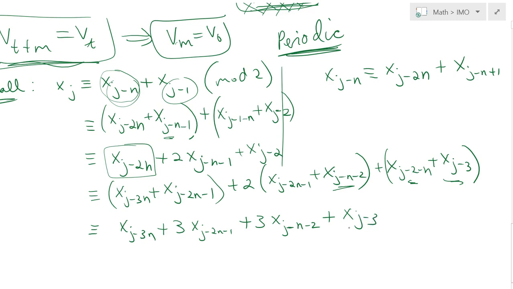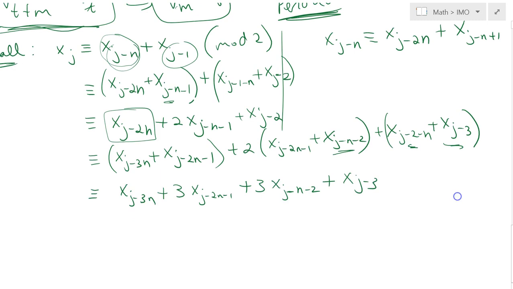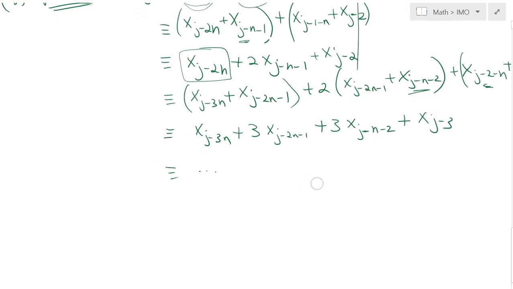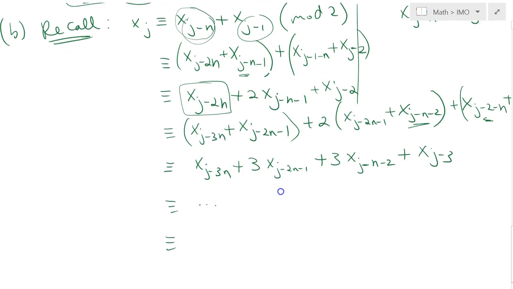And guess what? I can keep moving like this. I can repeat this procedure a long time, so I can stop after a few rounds. For instance, what happens after I repeat this procedure r times?